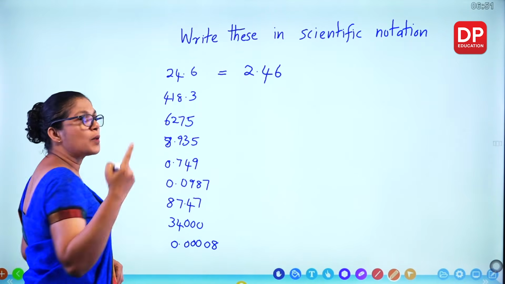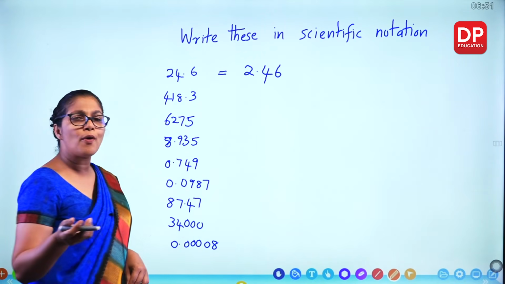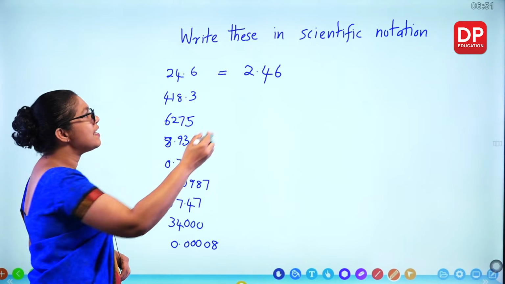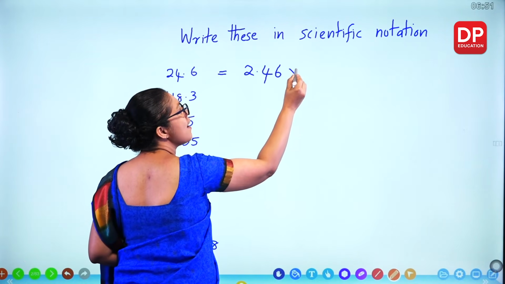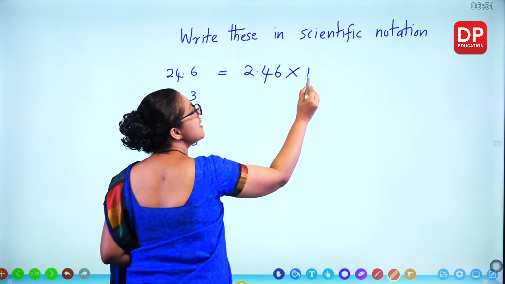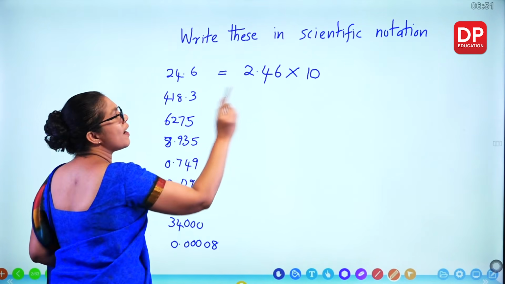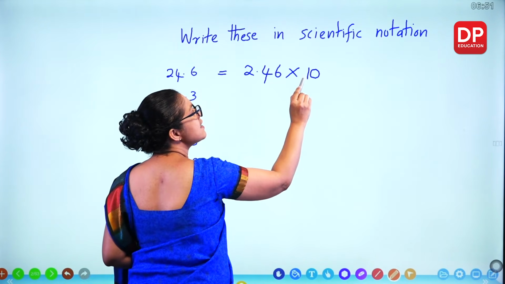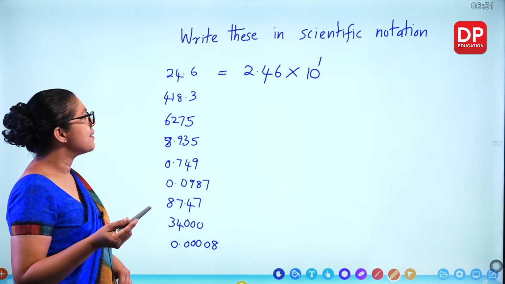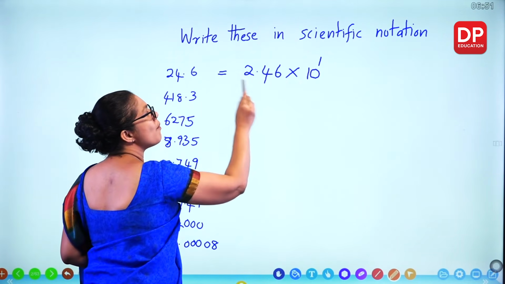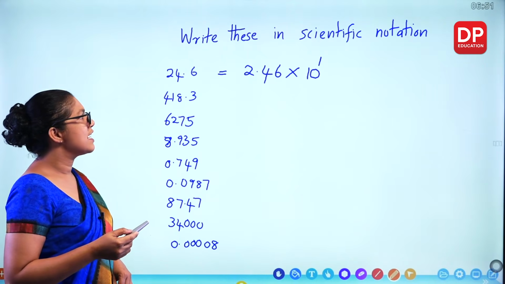But we can't write 24.6 as 2.46. How can we get 24.6 from 2.46? We have to multiply this by 10. So I can write 10 to the power 1 because 10 to the power 1 is 10. So this form we call scientific notation.